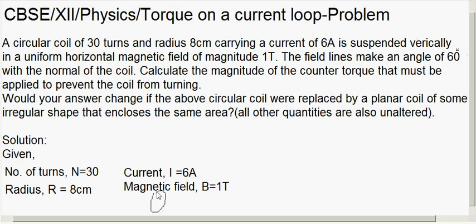Therefore theta is 60 degree. Calculate the magnitude of the counter torque that must be applied to prevent the coil from turning.